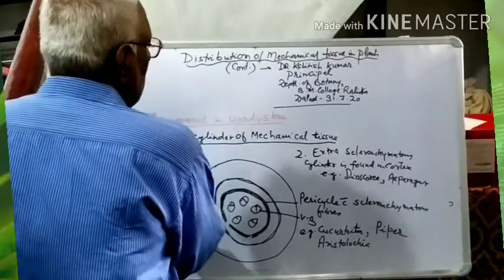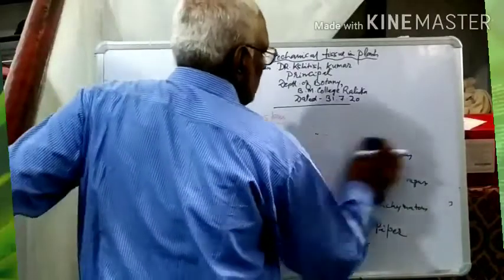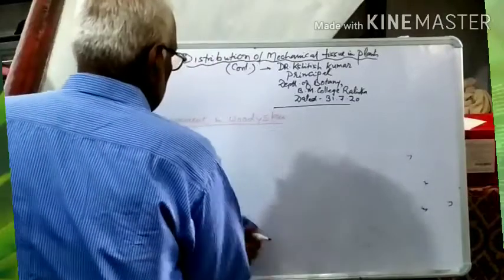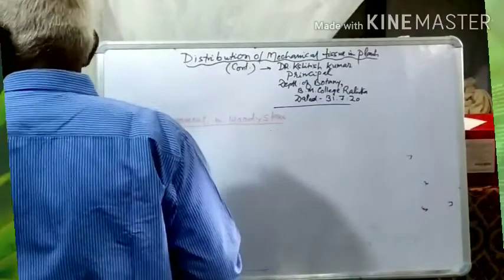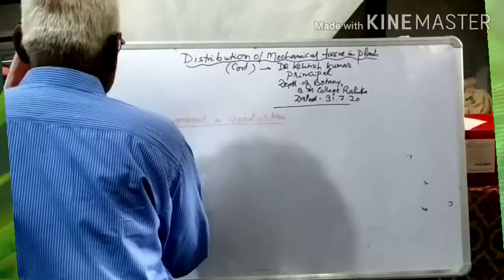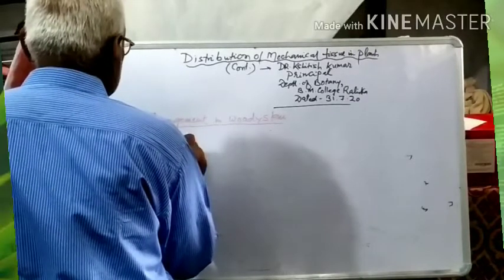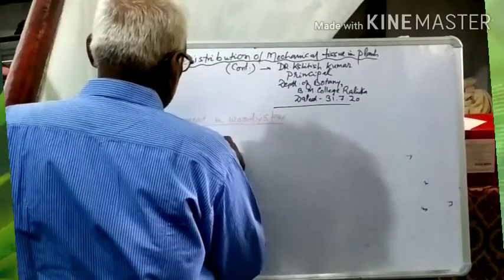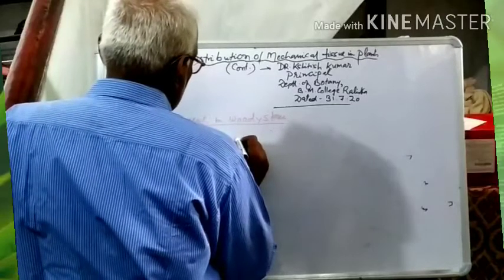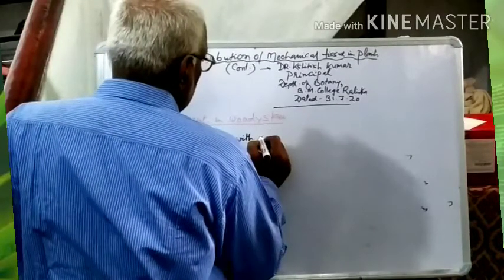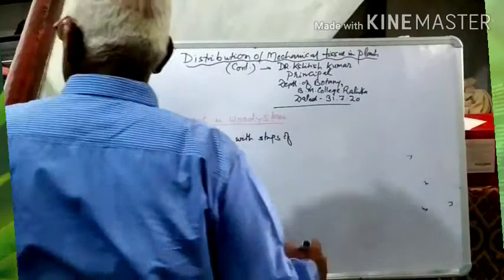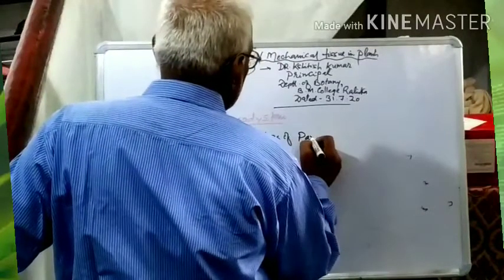Then this topic has been completed, and now we switch over to the new heading under the arrangement in woody stem, that is the C D, plates of xylem with strips of parenchyma.